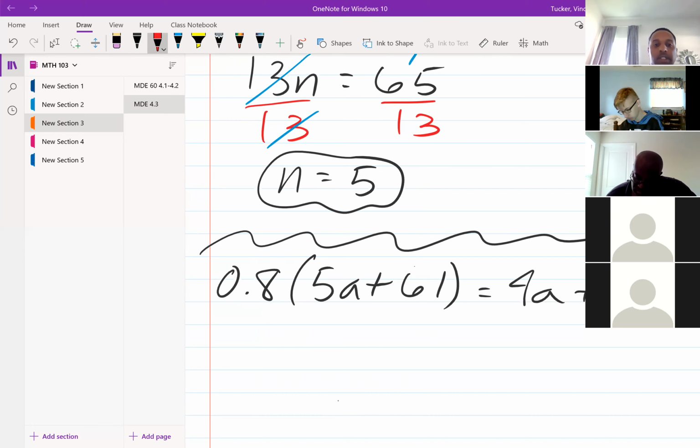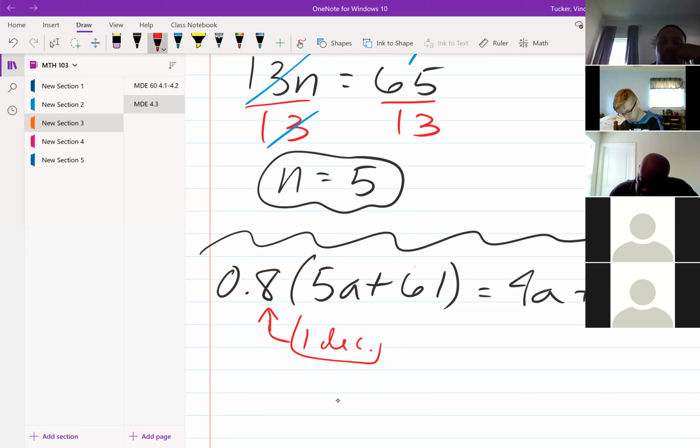But let's say I want to get rid of my decimal. I can multiply each term by multiples of 10 according to how many decimal places I have. Because I have one decimal place at the most, that would be a 10 that I will multiply the equation by.